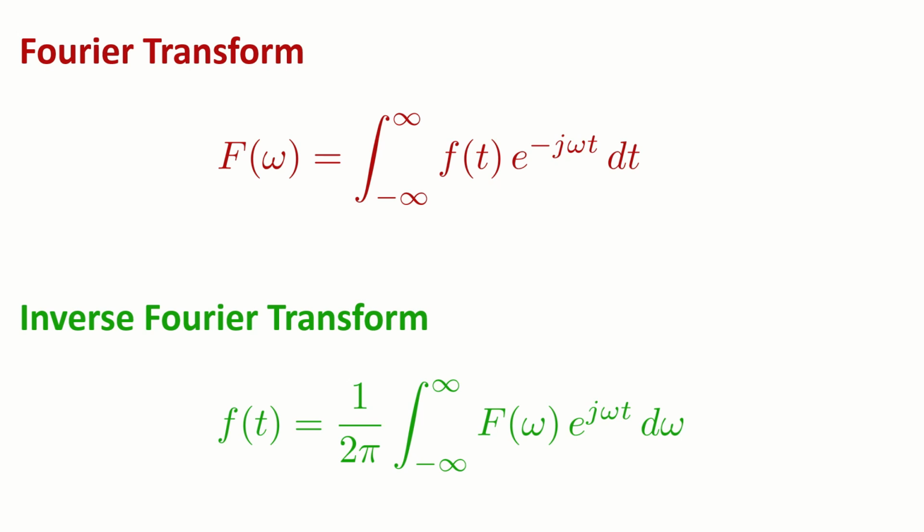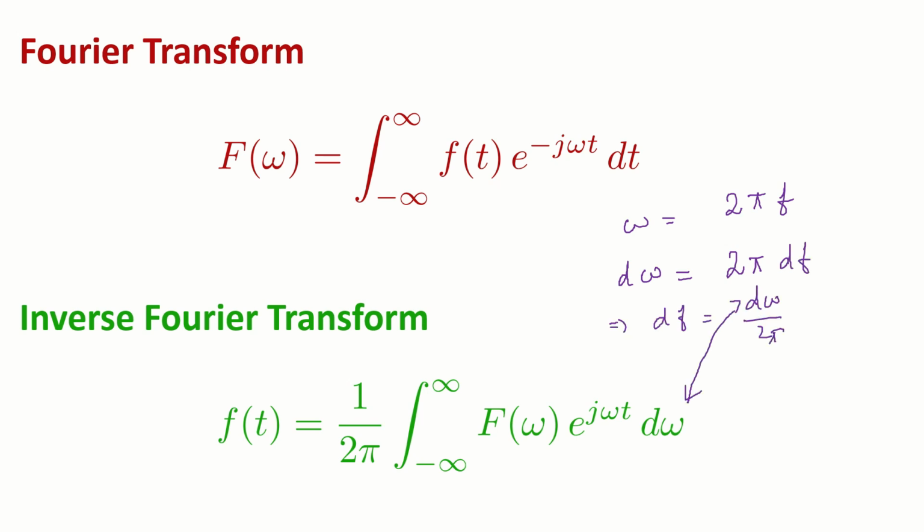The integration is performed over omega. Since we have substituted omega for 2 pi f, we obtain df equal d omega divided by 2 pi. Therefore, there is an extra factor of 1 by 2 pi. This is our neat and clean final definition of the Fourier transform and the inverse Fourier transform.